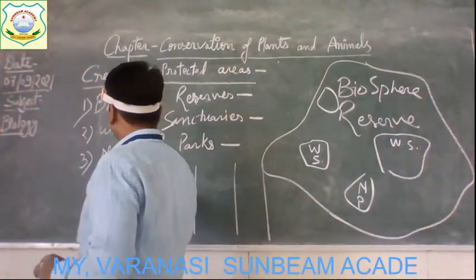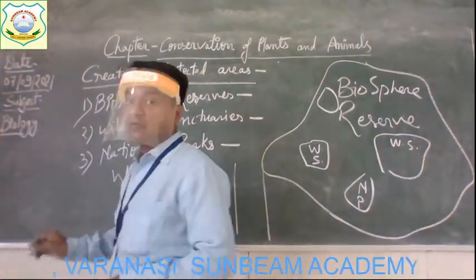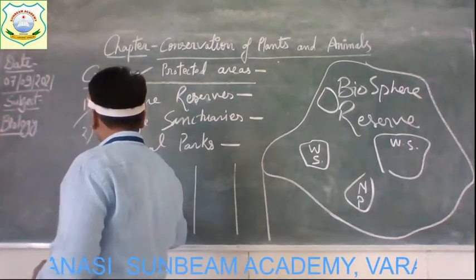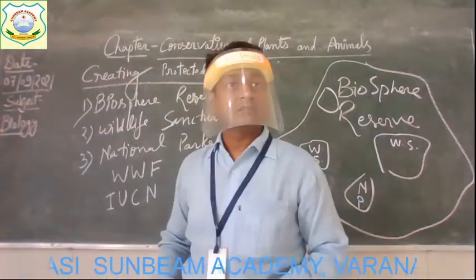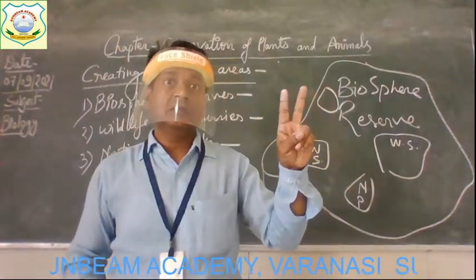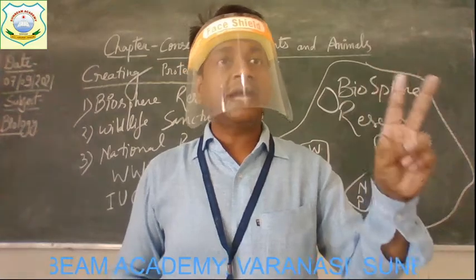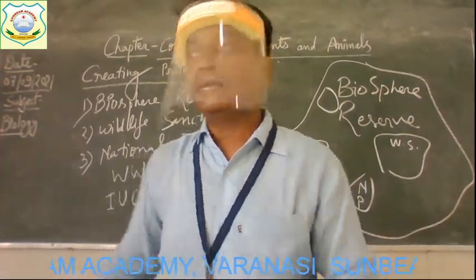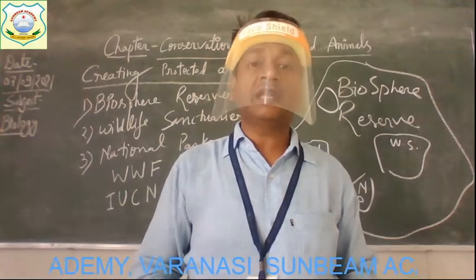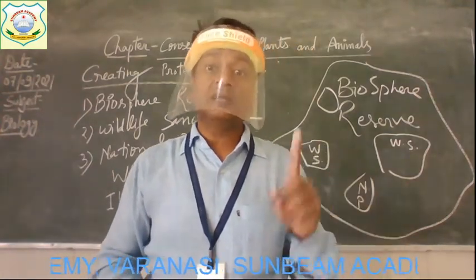First one WWF and second one IUCN. You must remember the full names of these two organizations. WWF, Worldwide Fund for Nature, and second IUCN, International Union for Conservation of Nature and Natural Resources.